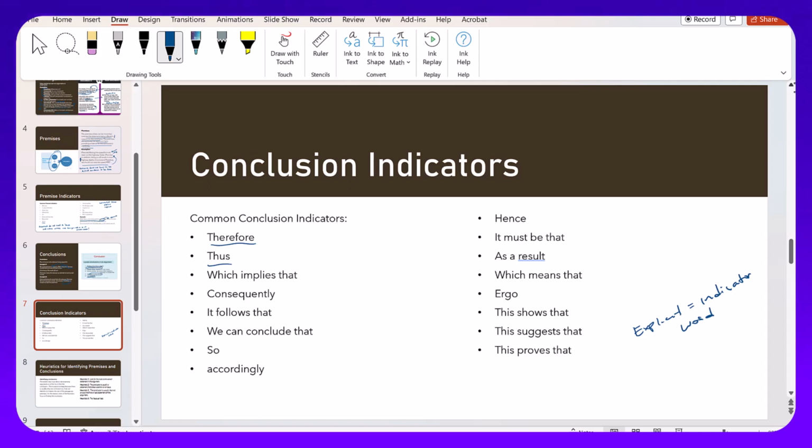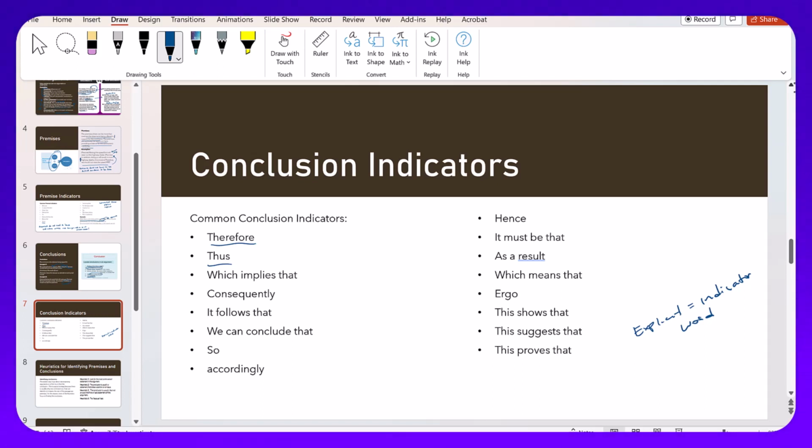But indicator words are not an automatic guarantee of the presence of an argument, because I could just throw in a bunch of these and not actually have a claim. So think of it as a starting point when you're trying to figure out if something's an argument. You have a checklist of things that you should do, and one of those is to look for the indicator words and see what they tell you.